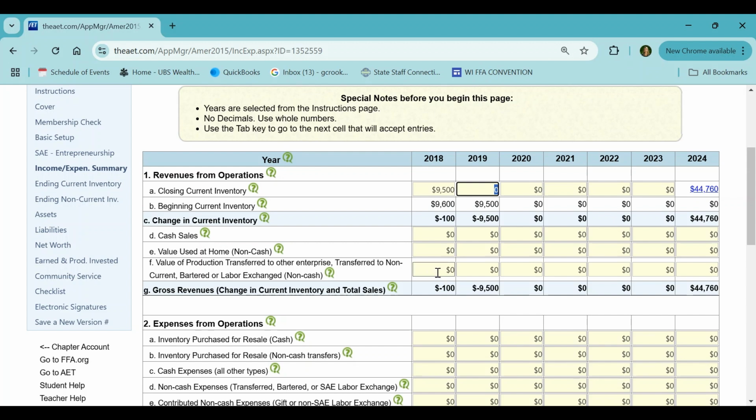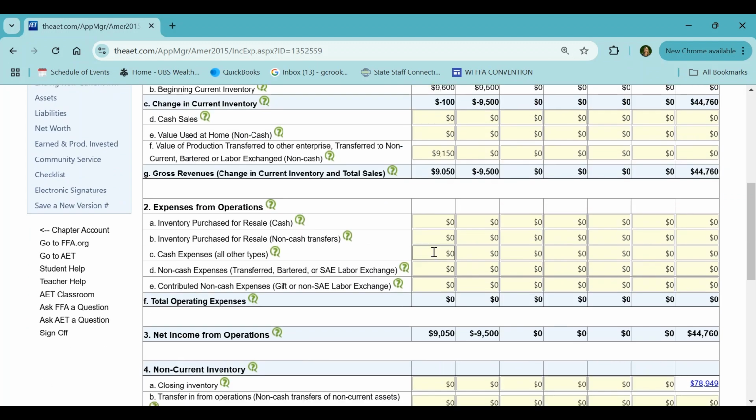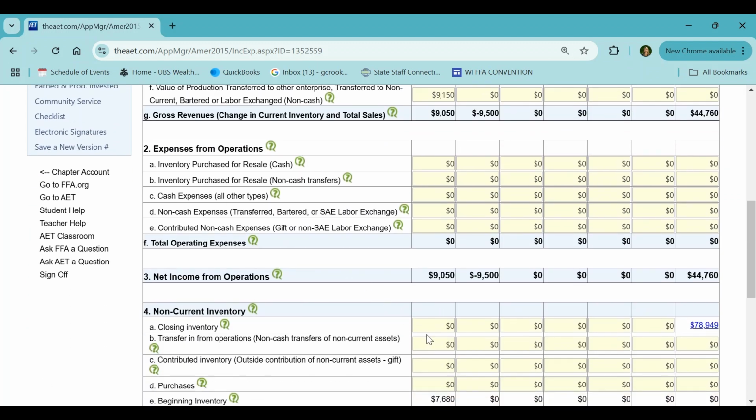The value of production transferred to other enterprises, transferred to your non-current, barter or labor exchange, non-cash. So this 1F is really important, because whatever number you put in here, if you have a barter with your parents, so in the application I filled, they had a barter for $9,150, this number right here has to be offset down here in 2B, 2D, or 4B.